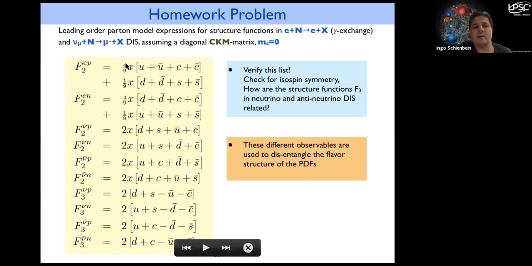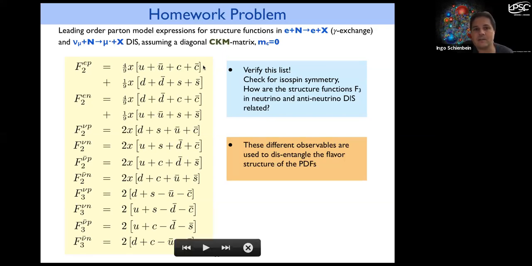For the electromagnetic interaction, you have here the electric charges squared of the quarks, and then you basically have to look which partons can come in and interact with a photon. So there can be u, u bar, c, c bar, d, d bar. And for example, with neutrino scattering, where you have a W boson, that's different. If you have a W plus, then you need an incoming down quark which interacts with a W plus to produce then an up quark.